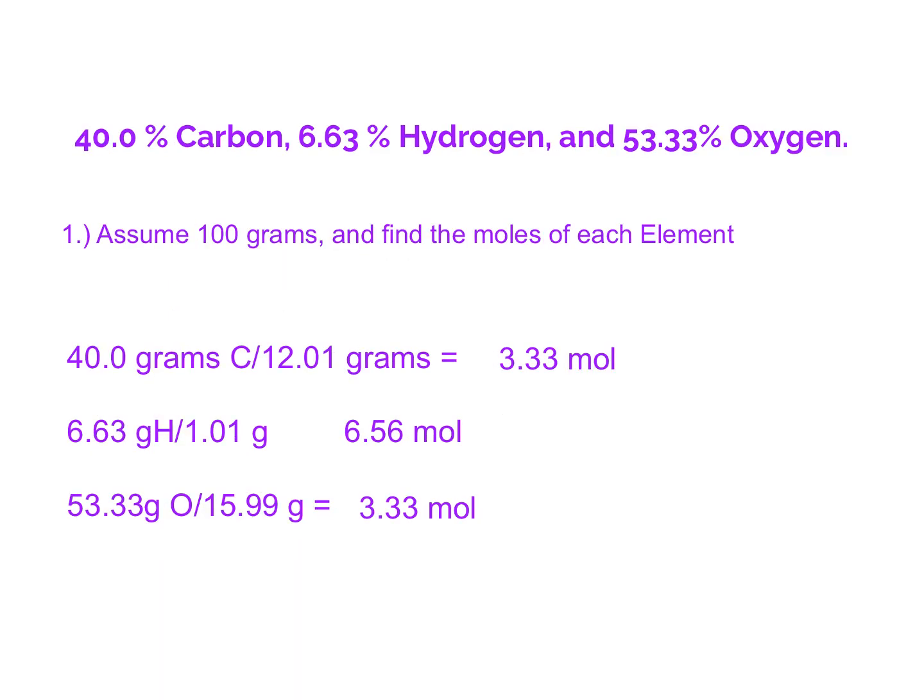So let's take these steps we just learned and go backwards and try to solve that problem we were given. For this problem where we have 40% carbon, about 6% hydrogen, and about 50% oxygen, let's figure out what our empirical formula is. First, we have to convert our percents to grams, and we're just going to assume that there's 100 grams.